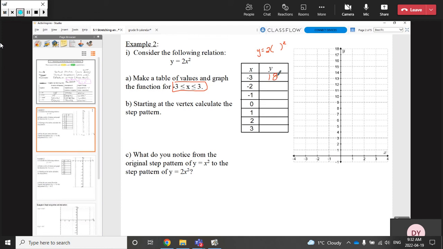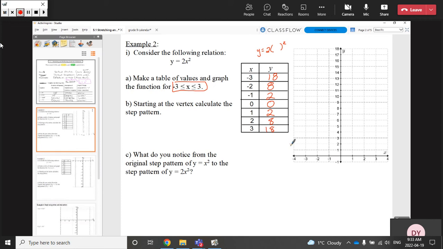Now, without clearing that from your calculator, you're going to get rid of the -3 and pop in a -2, and you should get +8. Over here, you should get 2. When you put in a 0, you should just get 0. And then because this is parabolic, we should get the same idea here, 2, and then 8, and then 18.